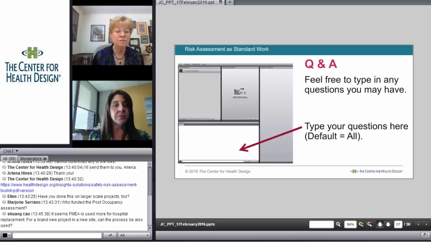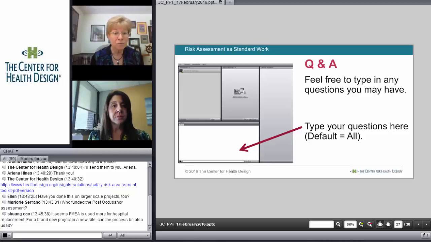FMEA came from the military, came from NASA, and frankly, when I first used FMEA about 12 years ago, I was working on a project that I felt was very high risk. It was a 500-bed replacement hospital. We were demolishing buildings and building new buildings right next to patient care.